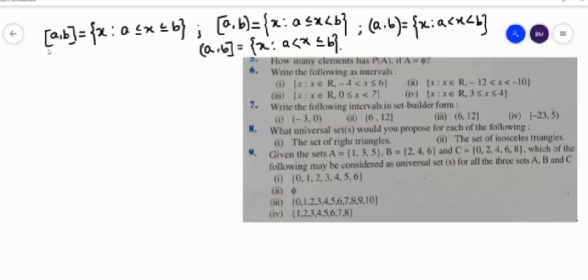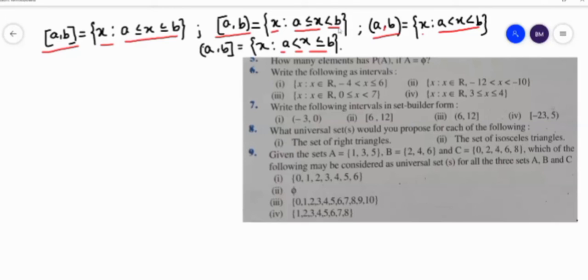Closed interval A comma B implies the collection of all those x such that A less than or equal to x less than or equal to B. Closed A, open B implies the collection of all those x such that A less than or equal to x and less than B. Open interval A comma B implies the collection of all those x such that A less than x less than B. Similarly, open A closed B is the collection of all those x such that A less than x less than or equal to B. That implies the side on which the less than or equal to sign is there, that side is closed, and the side which is open has only less than.